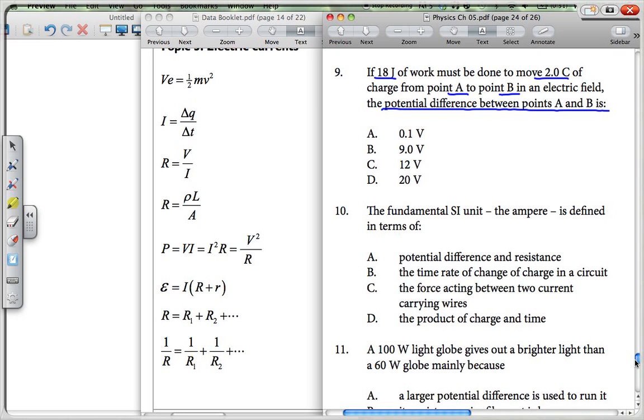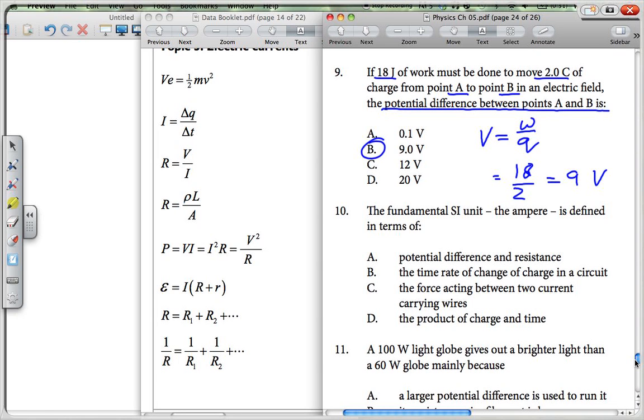Now the formula that we're going to use is V is equal to W over Q. That your potential difference is the work per unit charge. So this is pretty straightforward. It's going to be 18 joules divided by 2 coulombs, so it's going to be 9 volts would be the correct answer.